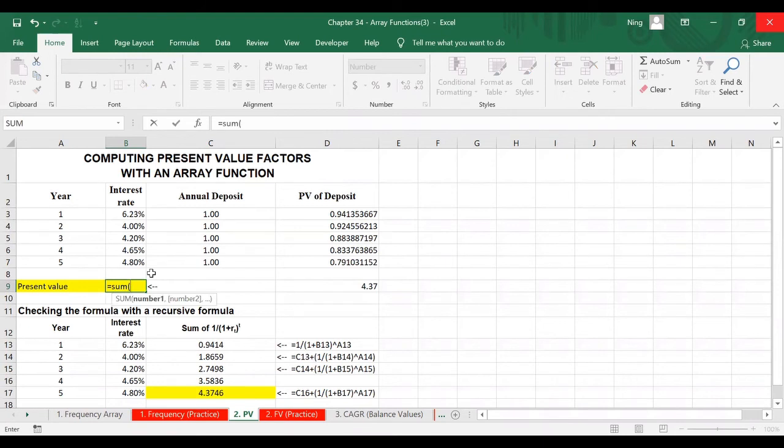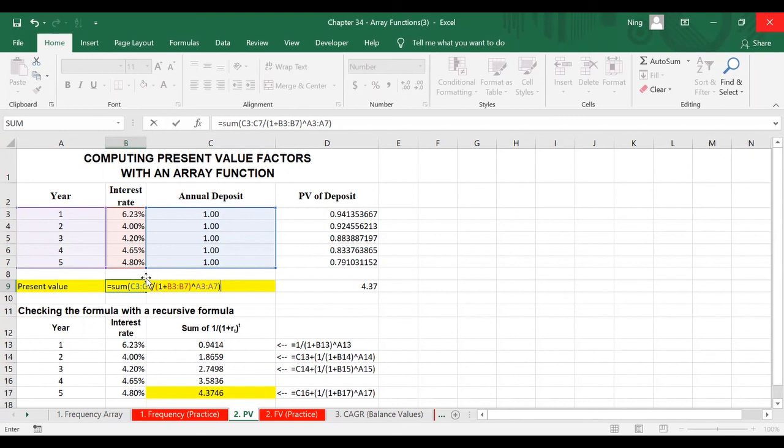So outside, you are going to enter the sum, and inside, where it used to be the individual deposit, you're going to replace that with the deposit array divided by 1 plus a discount rate, but you're going to swap out the individual discount rate with the interest rate array. And at the place where you discount by the discount period, you're going to swap that out with the discount period array.